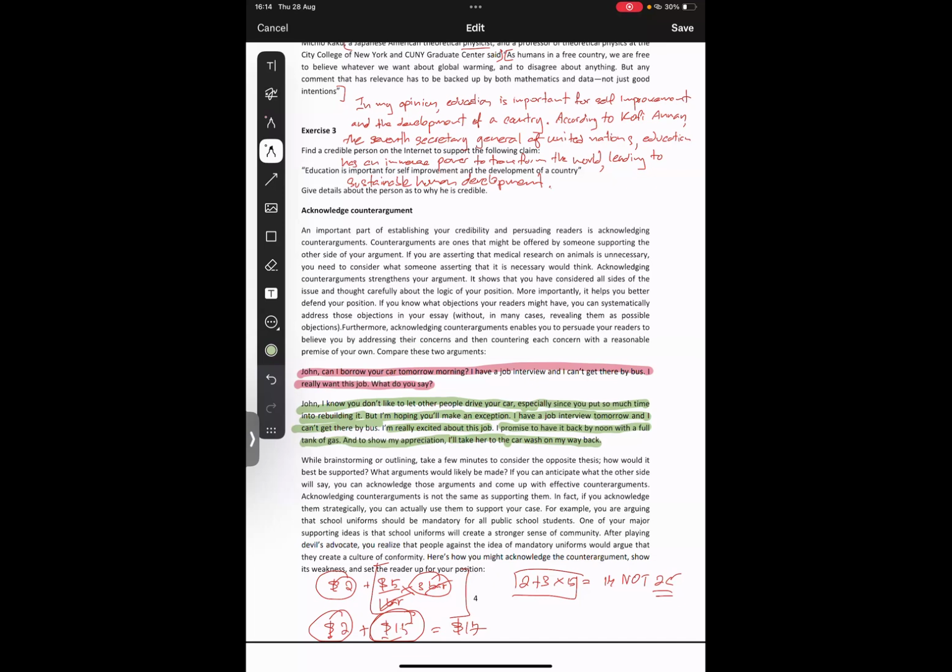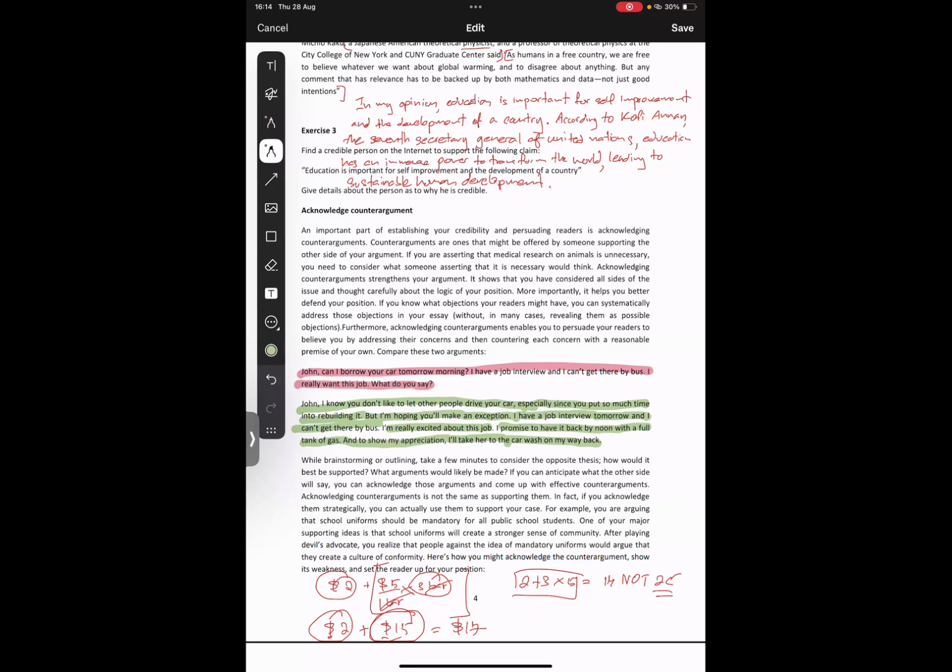So the guy in the first example clearly doesn't realize that. He believes John is already on his side, and no matter what he says, John will let him borrow his car anyway. That is not smart, because you shouldn't assume John is on the same side.